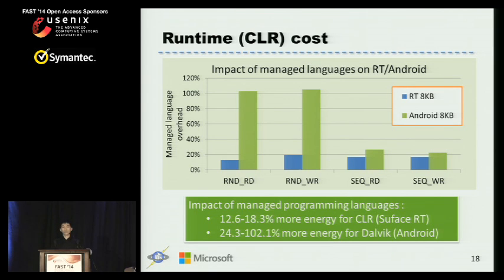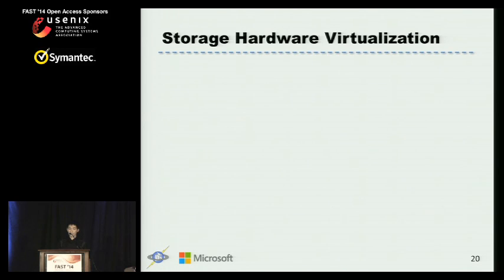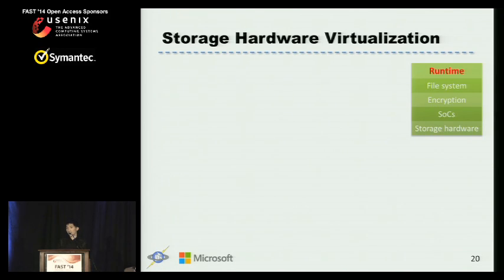So we have talked a lot about how much energy the storage stack may take, and who are the major energy intensive components. So for the last part of this talk, I'm going to discuss some possible ways to reduce the mobile storage energy. So we have a storage stack here.